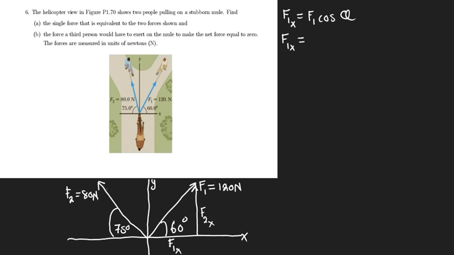F1x is going to equal, what is F1? F1 is 120 cosine, my angle is 60 degrees. Let me see what I'm going to get.